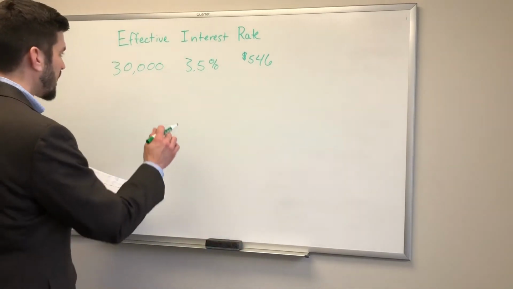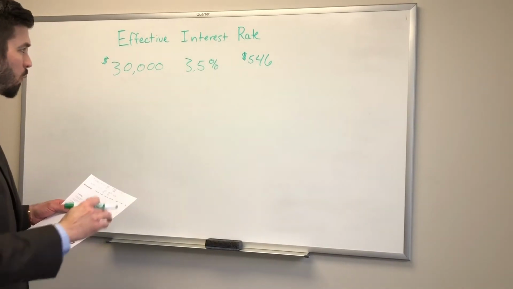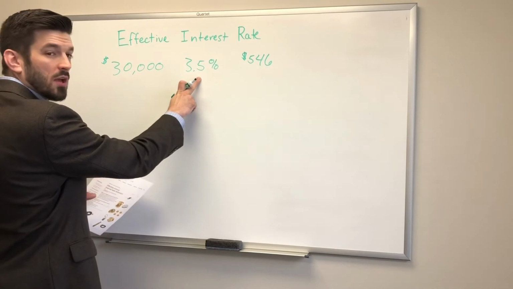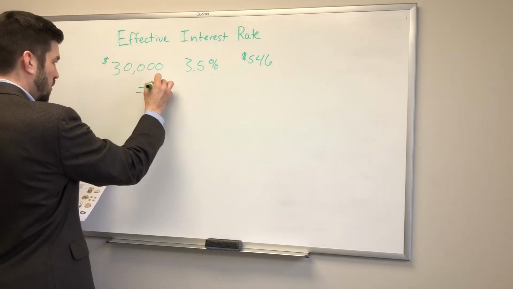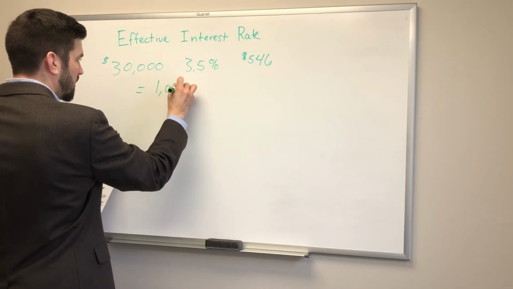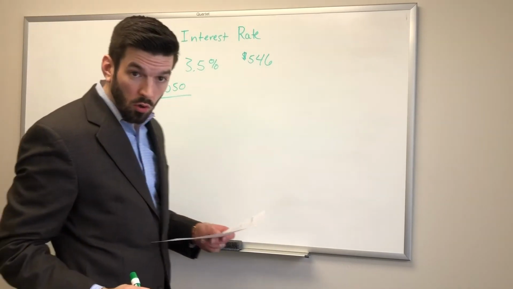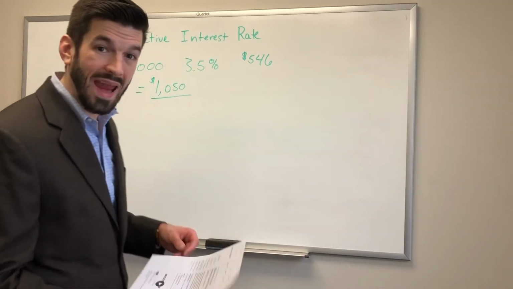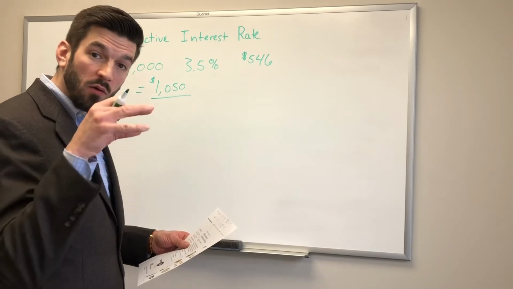Very simple. So what we do is we take the $30,000 and we're going to times that by 3.5%. And that would give us $1,050. That is going to be the annual percentage rate or annual interest rate. Well, we want the amount for this month.